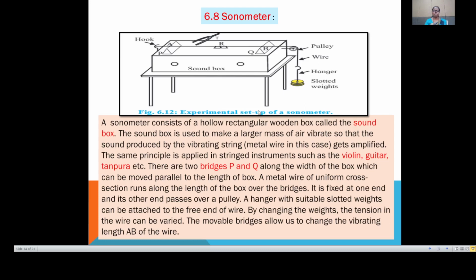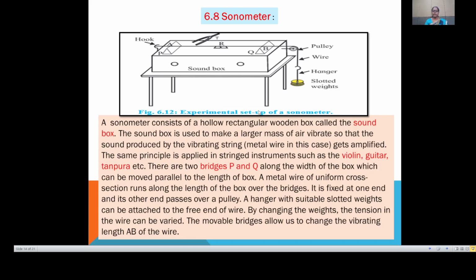There are two bridges P and Q along the width of the box, which can be moved parallel to the length of the box. A metal wire of uniform cross section runs along the length of the box over the bridges.